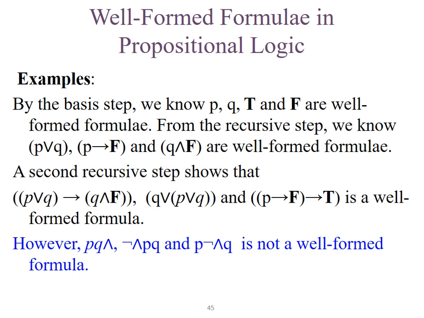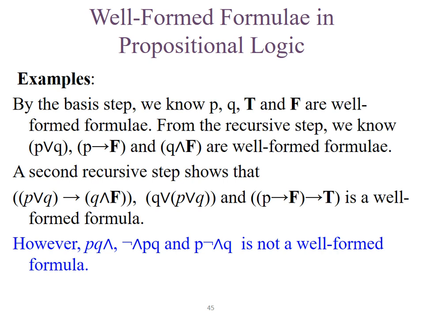For example, P or Q, because P and Q are well-formed formulas in the basic step. If P then F, okay, so P and F are well-formed formulas, then we can combine them with these operators. And then we can apply the recursive step to step 1 again, because we know in step 1 we have this term, well-formed formula.